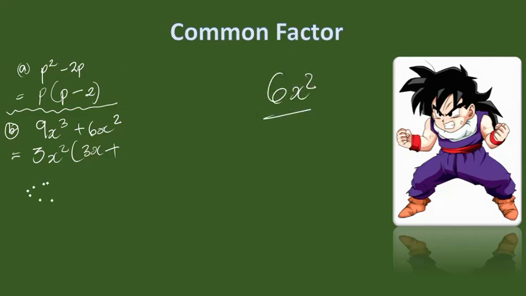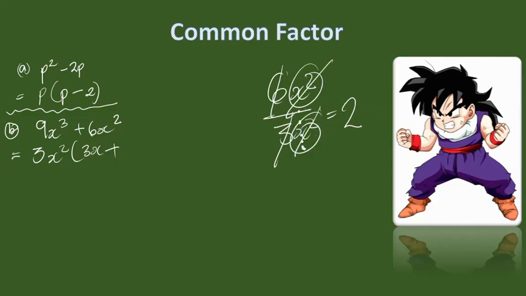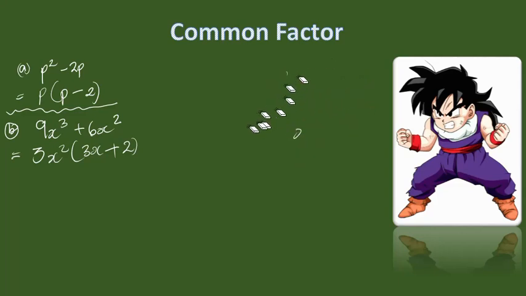I'm going to divide this by the common factor, which is 3x squared, right? When I say 6 divided by 3, I get 2. When I say x squared divided by x squared, they actually cancel out. 2 x's are divided by 2 x's. I have nothing left. So my answer is just 2, right? So I write 2 here. See how easy is that?